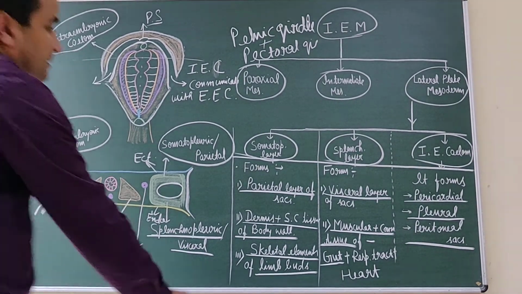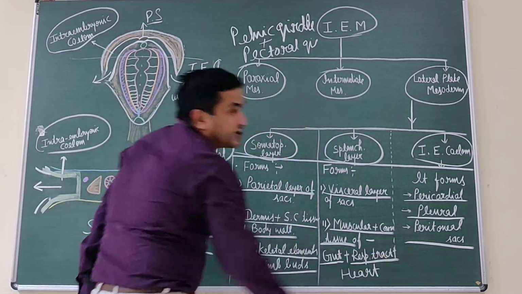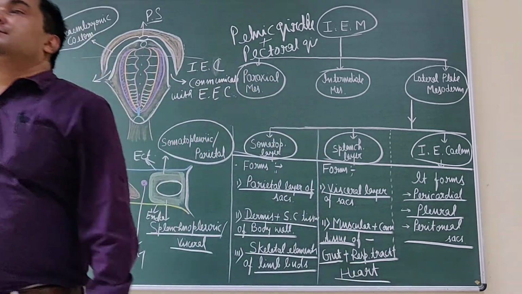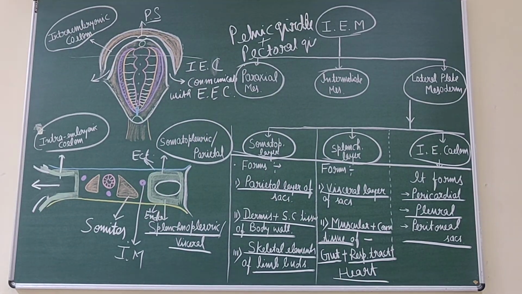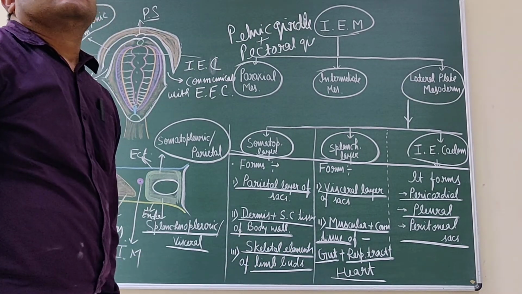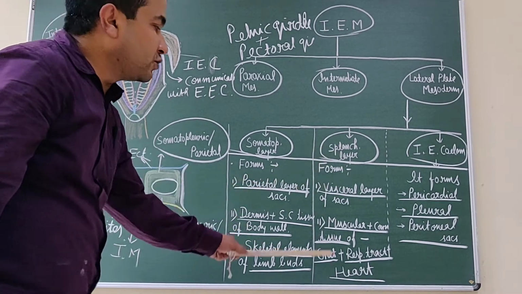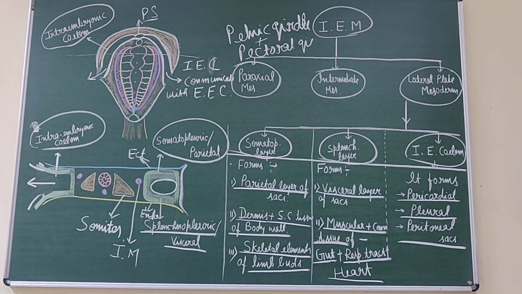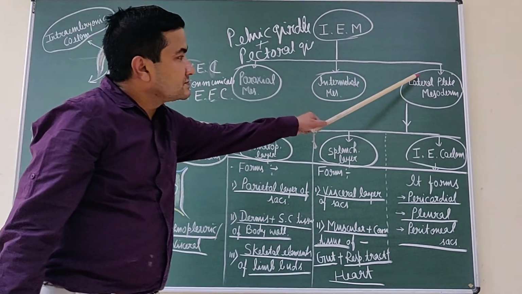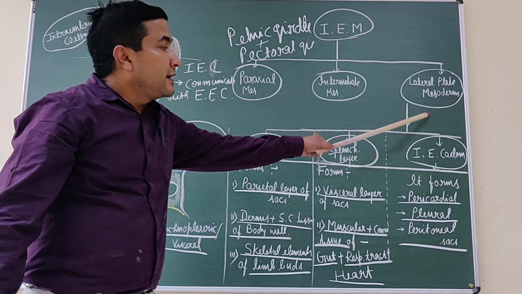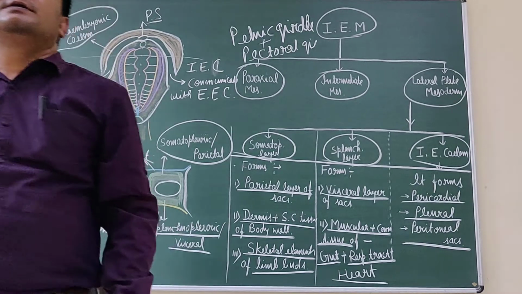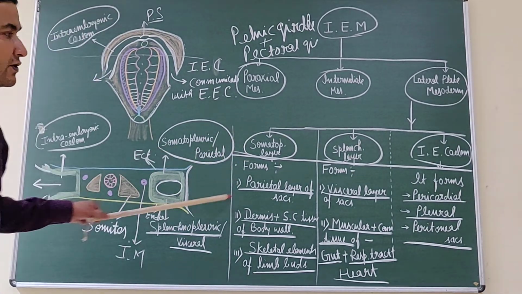It forms the same for the respiratory tract and also the heart. The muscles and surrounding connective tissue of these structures are derived from this splanchnopleuric layer of the lateral plate mesoderm. So this is the lateral plate mesoderm, how it is differentiated into three parts, and what structures will form in the future from them.